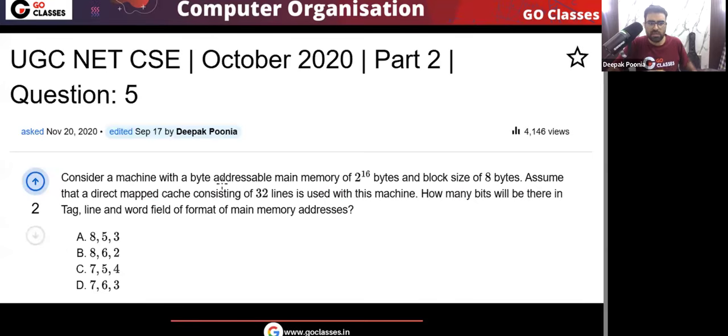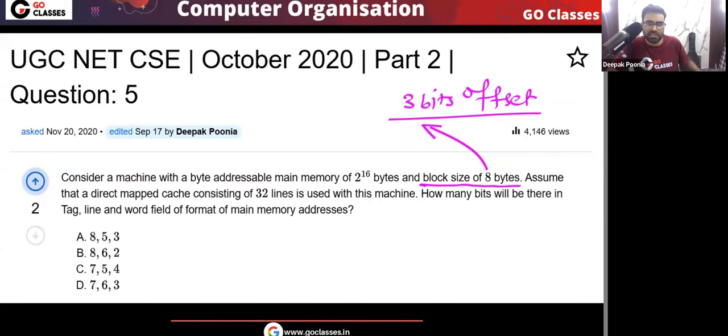So let's solve this question. First we need to find how many bits we need for block offset. You can see that the block size is 8 bytes. If the block size is 8 bytes, then we need only 3 bits for block offset. Yes or no? 3 bits offset. Very simple.